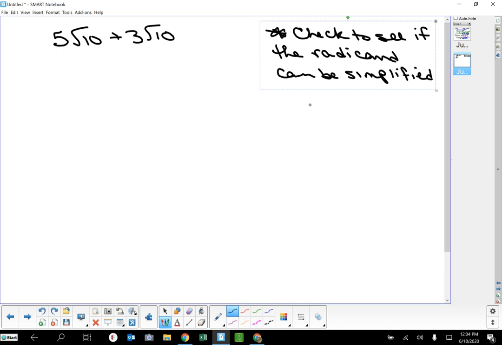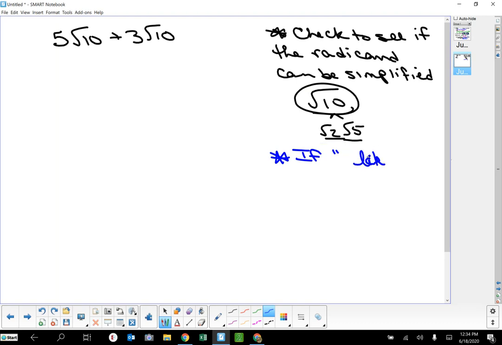Well, this one we can't because we know a rad 10 goes to a rad 2 and a rad 5. Nothing pairs up. They stay together. So these would just get multiplied back together and you end up going back to where you started from. So if you check to see that the radicands can be simplified, do it if you can. If you can't, if you have like radicands, then just add or subtract the coefficients.